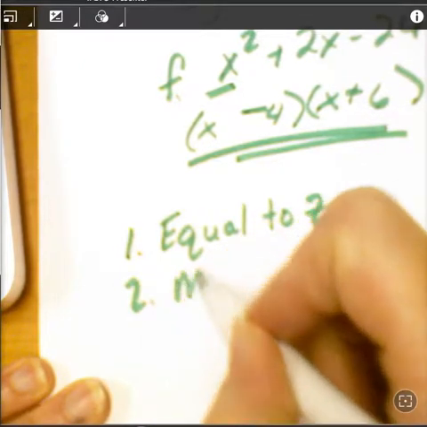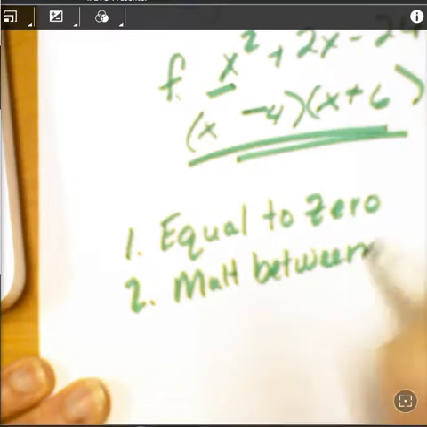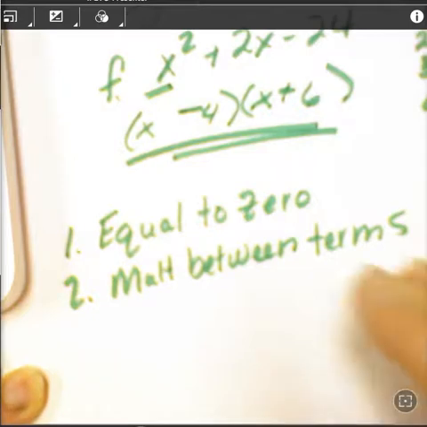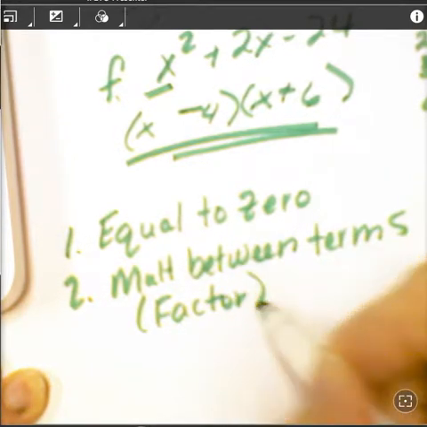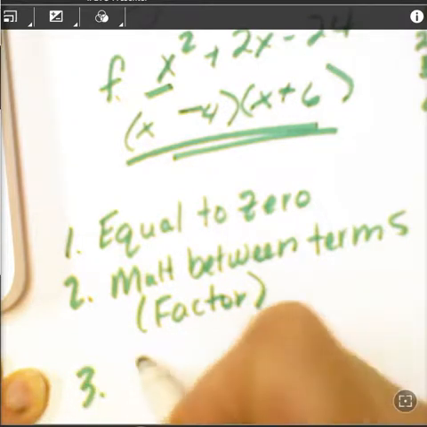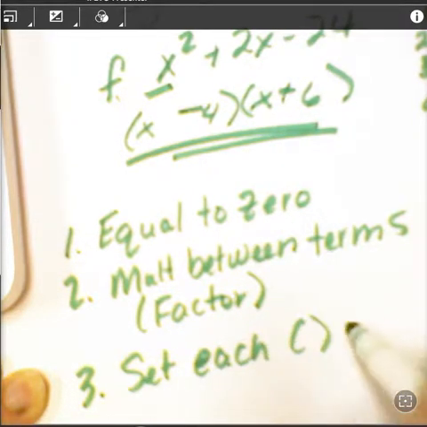Then there has to be multiplication between the terms. And what that means for us is that you have to factor it. And then you're going to set each parenthesis equal to 0 and solve.